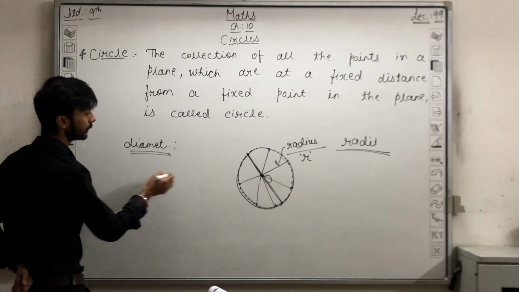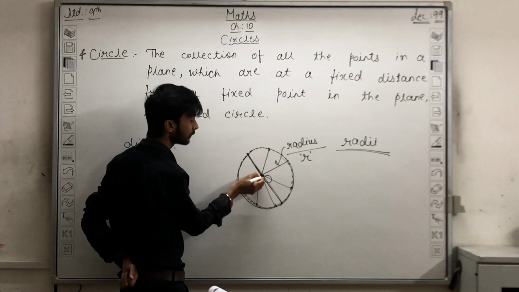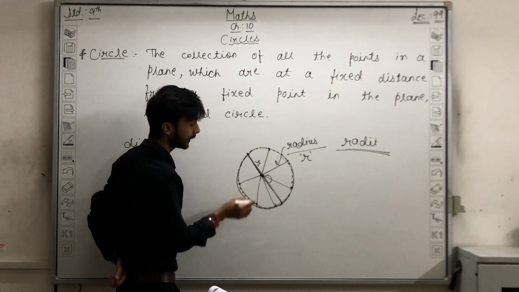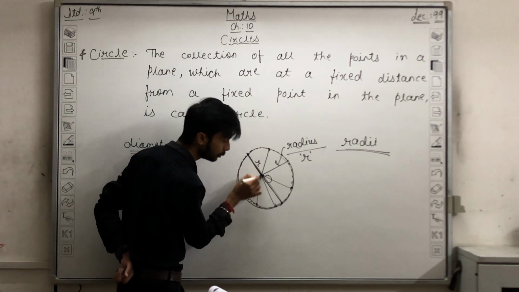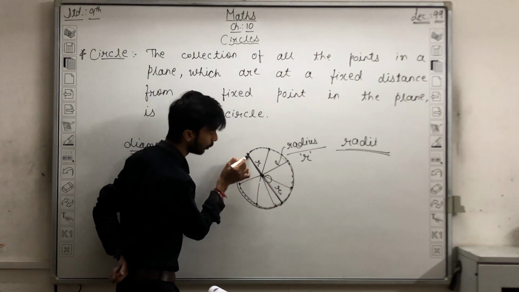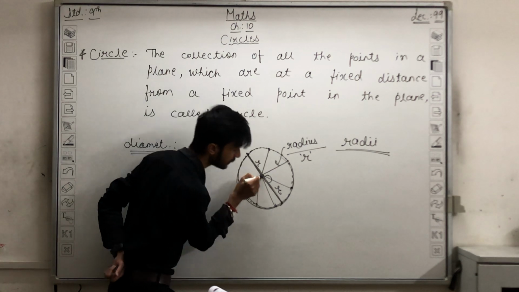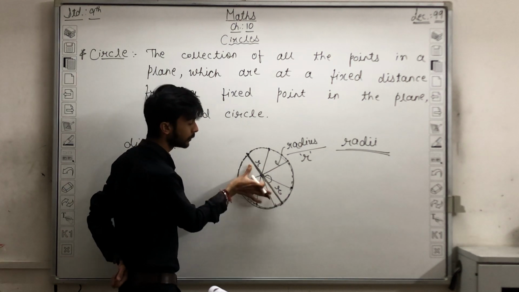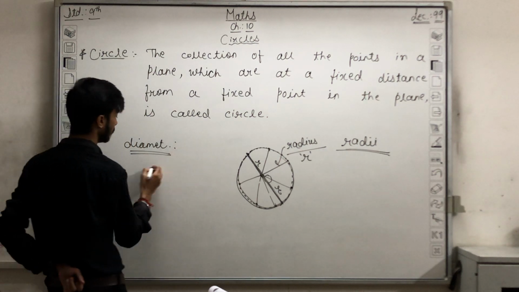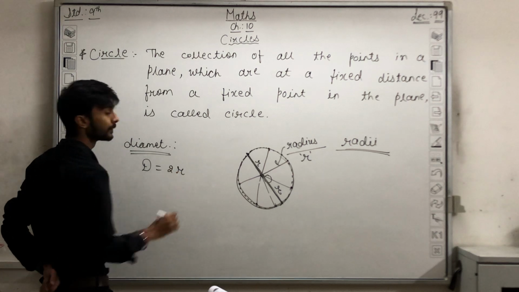From the center to the circle is a radius, and again from the center to the circle is a radius. That means this whole diameter is radius plus radius, that is 2 radius. So diameter d equals 2 into r.